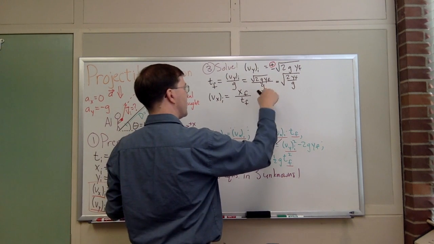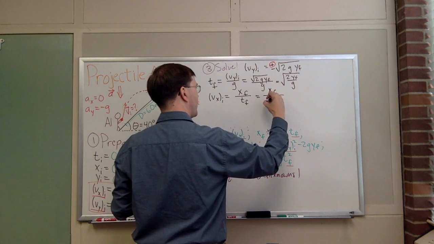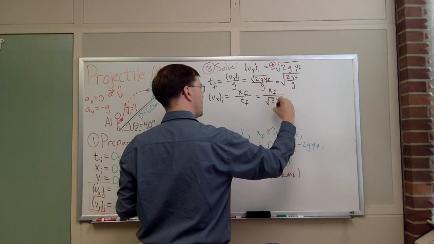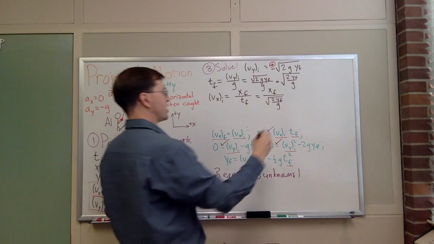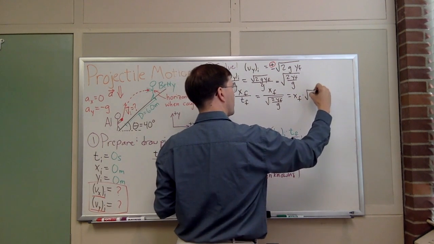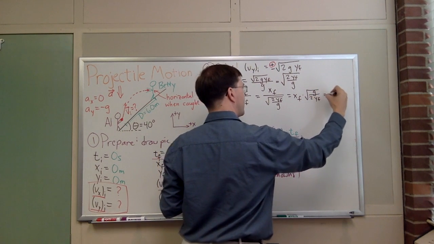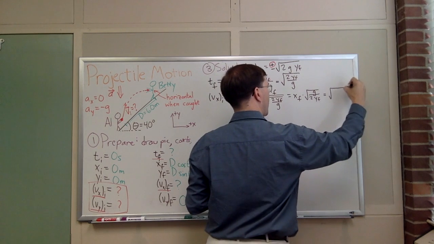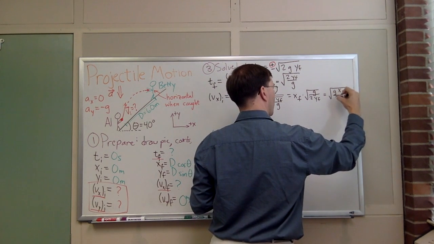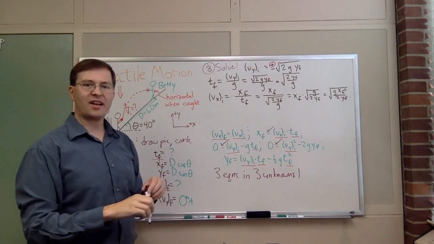And that means x final divided by the square root of 2y final over g, or I can rearrange this in a bunch of ways. I could write this as x final times the square root of g over 2y final, or I could even write it as the square root of g x final squared over 2y final. However I want to write it, I've got that written down now.